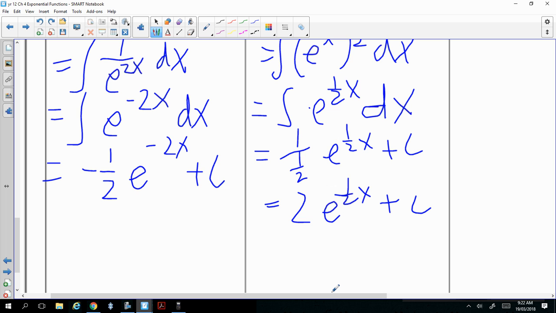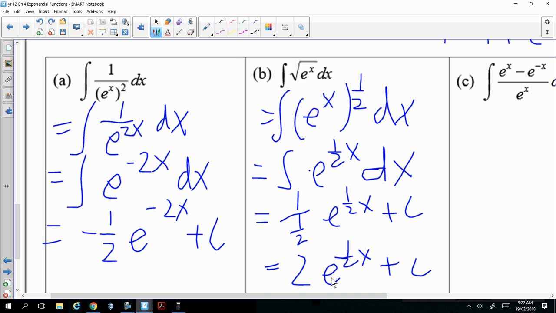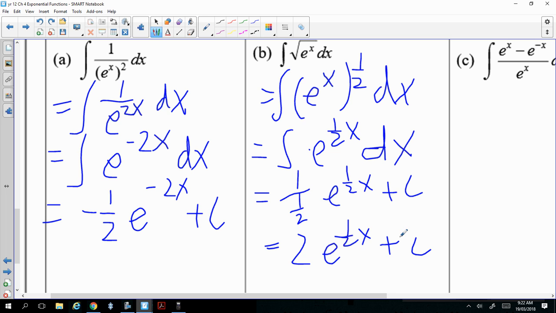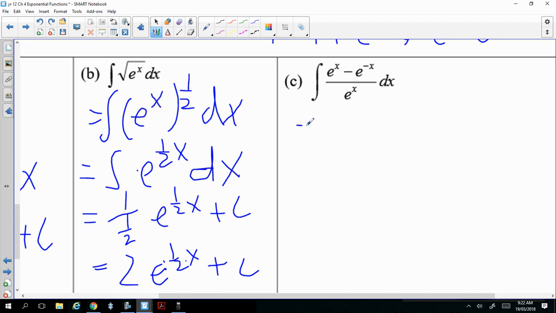Alright, try the last one, see what to do when there's a fraction. Have to remember what to do. Alright, last one, so you have to split the fraction into two if it's one term in the denominator, like that.